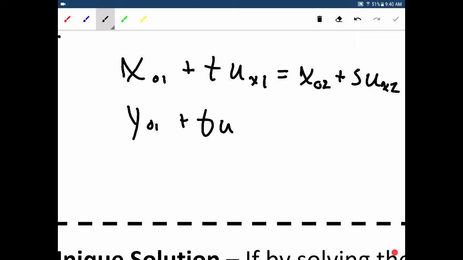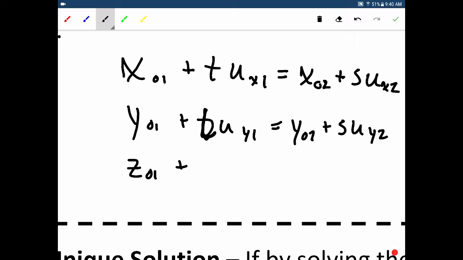Equals y02 plus s u y2, and z. People always ask me why I cross my Z's. This is why. You'll notice my 2's look like Z's, but because I cross my Z's, you can tell the difference.